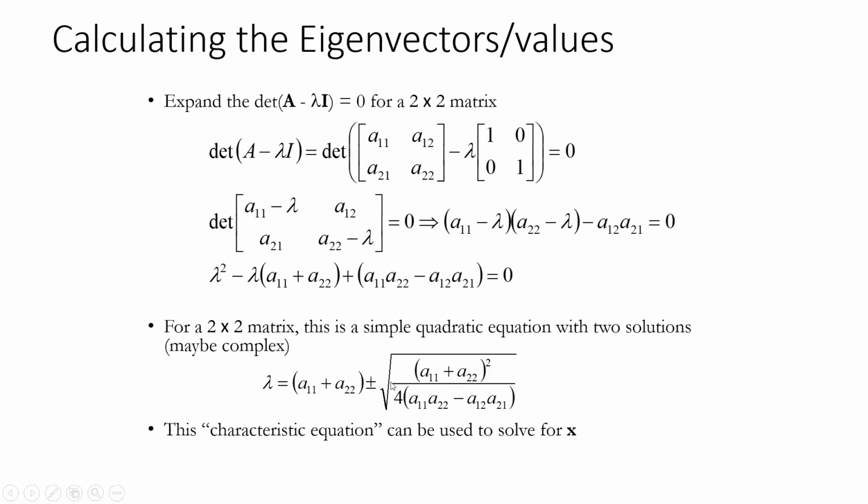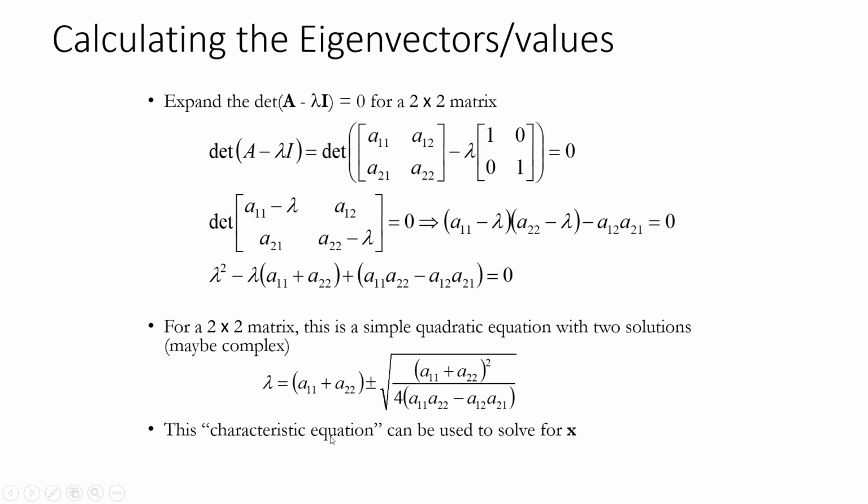We know that for any second order quadratic equation, we have two solutions, that is, minus b plus or minus square root of b square minus 4ac.